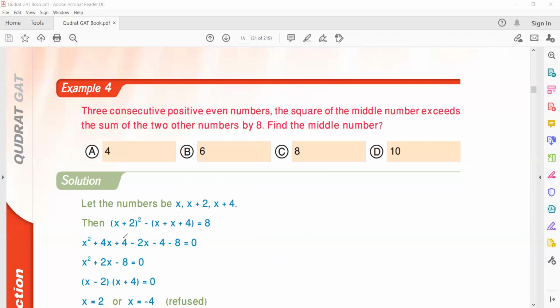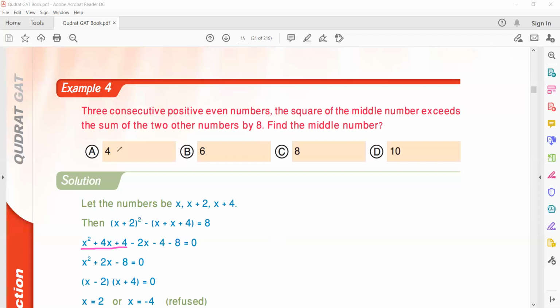X plus 2 squared, that's x squared, then x times 2 times 2 is 4x, plus 4, minus. Also here, what do I write?